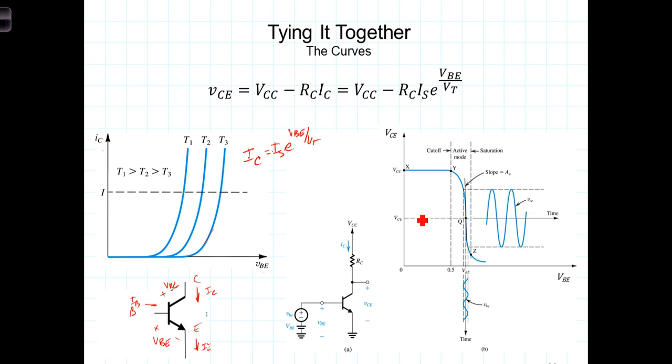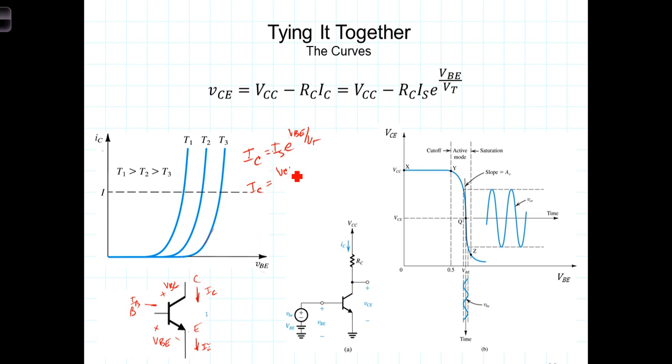Placing the transistor into this circuit introduces some external dynamics on the voltage and current relationships, and as we've seen, we then have a second expression for I sub c. I sub c is equal to VCC minus VCE divided by R sub c.